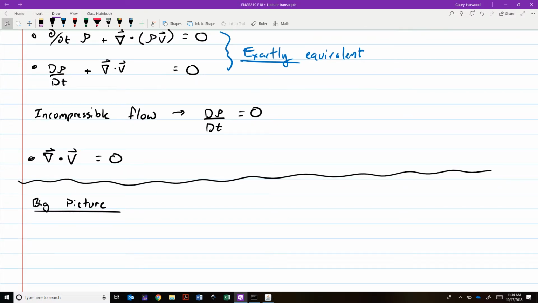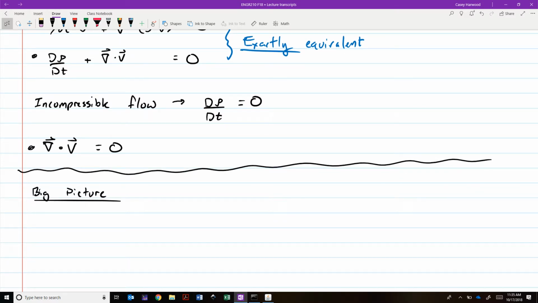Conservation of linear momentum. We know this more familiarly from dynamics and physics as what? Newton's second law, right? Or F equals ma, or force equals the rate of change of linear momentum.